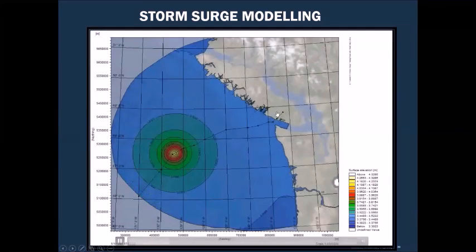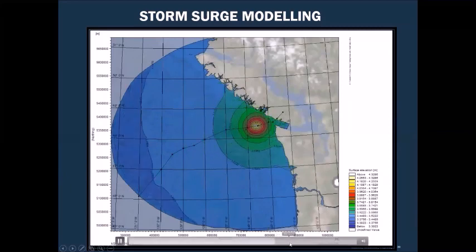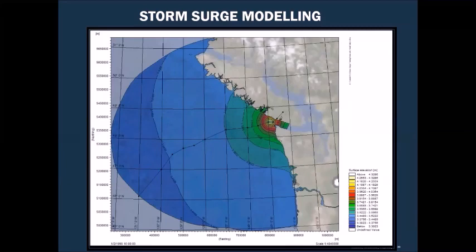The storm is moving up here. So you can see the initial water level was 3 meters, I think 3.2 meters.